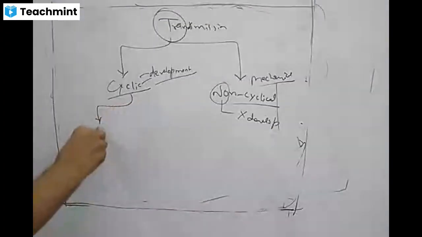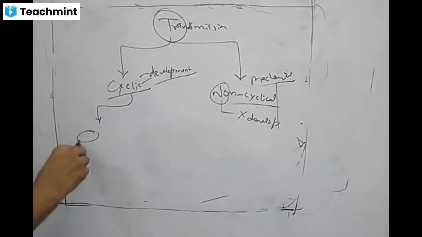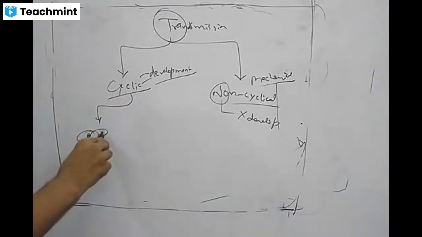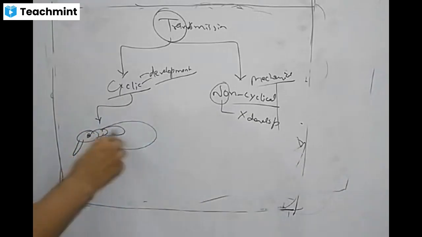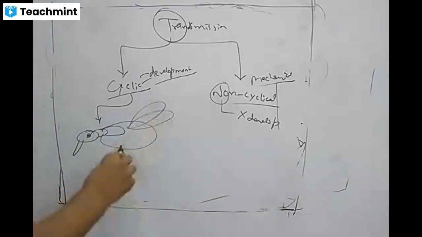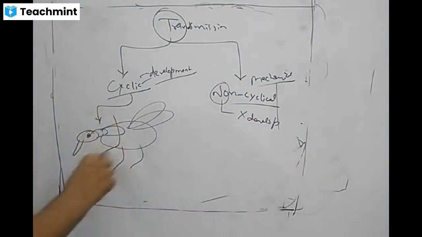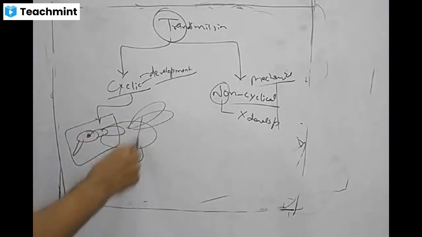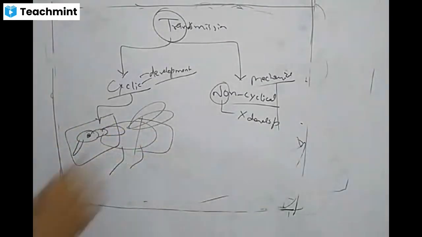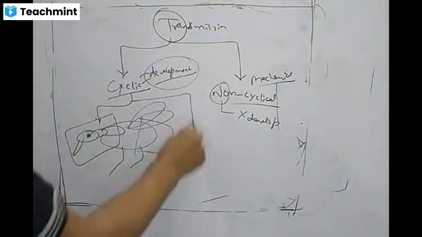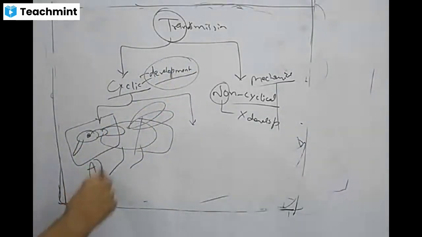Cyclical may be, suppose this is your Tabanus or anything. If you divide the body of this insect into two parts, this is the anterior part and this is the posterior part. This development may occur in the anterior part, we call it anterior station development.